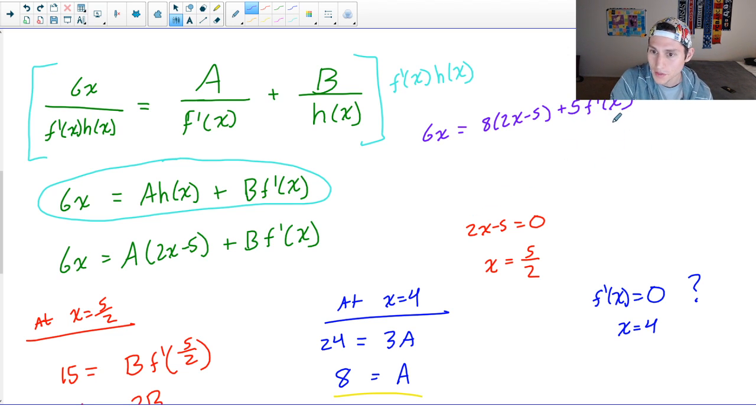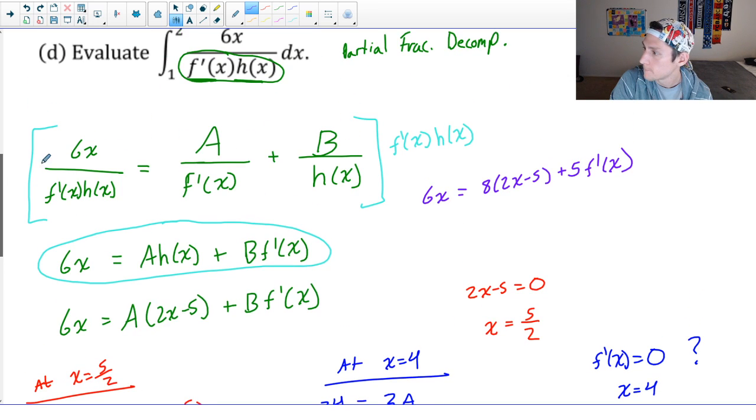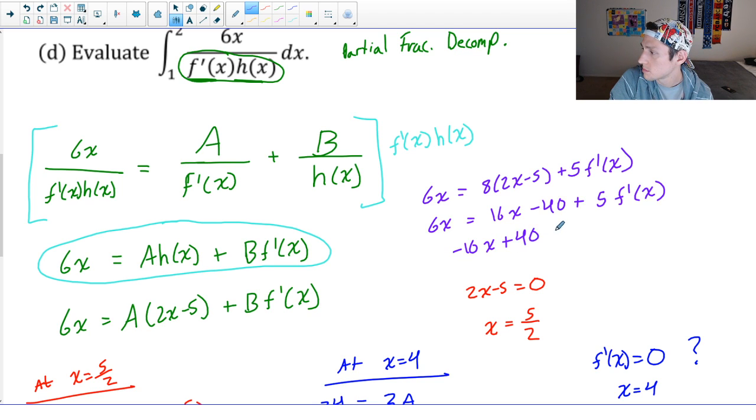I can just solve this for f prime. Let's do it. Distribute: 16x minus 40, plus 5 f prime. So negative 10x plus 40 equals 5 f prime.